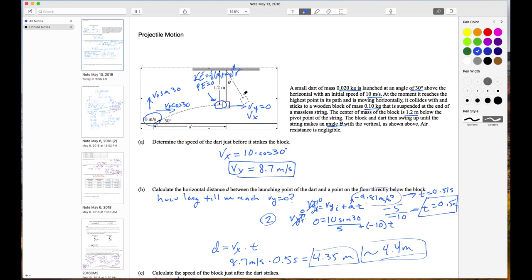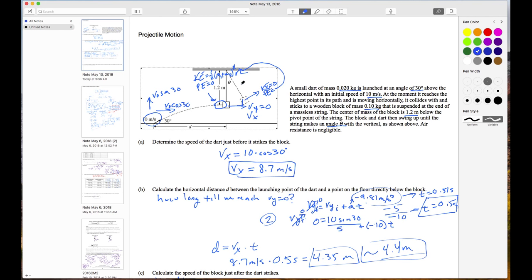And at the very apex, my KE has got to be equal to 0, and my PE is going to be equal to that value.